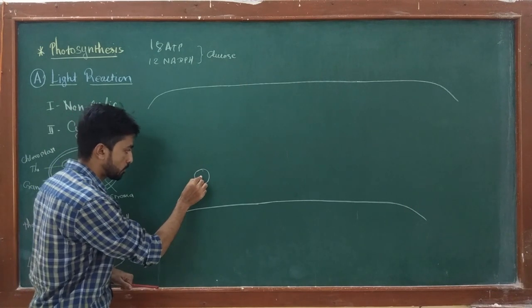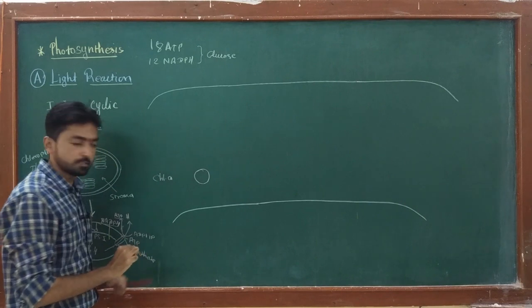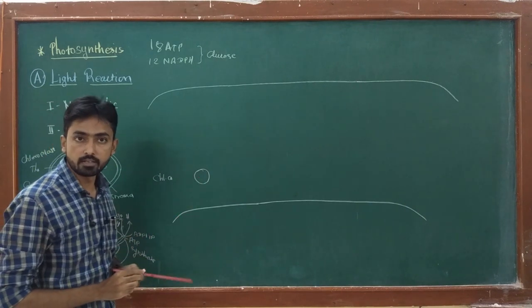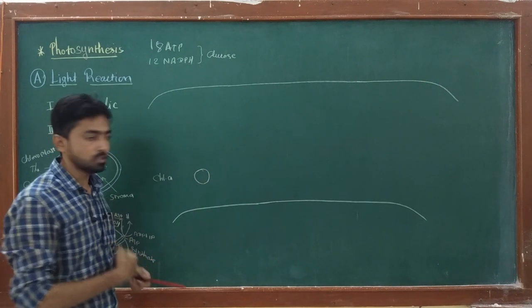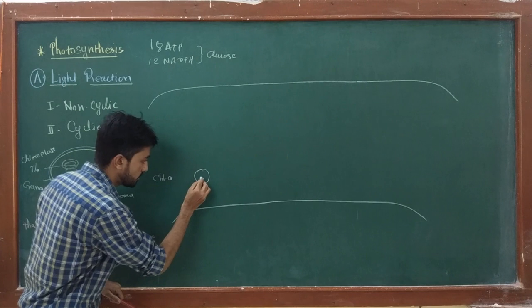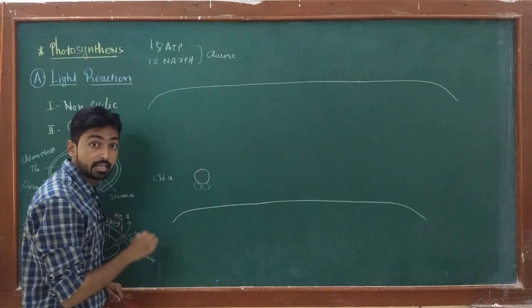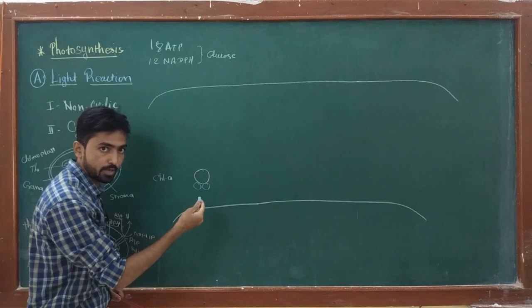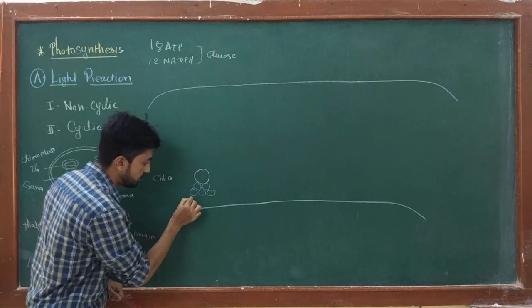The main pigment of photosystem 2 is chlorophyll A. This pigment is called the reaction center because the actual role of transferring light energy into the system is carried out by the reaction center. This is chlorophyll A. Now this chlorophyll A also has some accessory pigments like carotenoid and different types of carotenoid pigments attached to it, in this way.